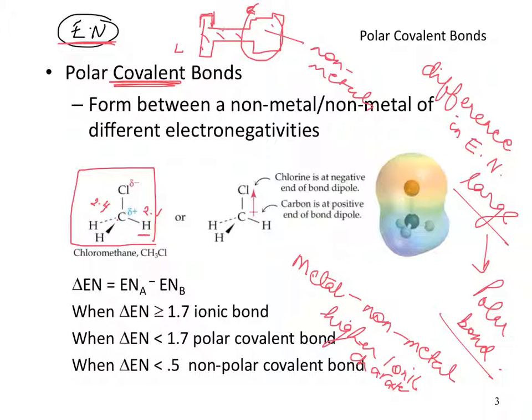So the difference of electronegativity is not much. So anytime you have only carbon-hydrogen bonds, you pretty much consider that segment of the molecule as nonpolar. On the other hand, on the Pauling scale, chlorine is 3.2.